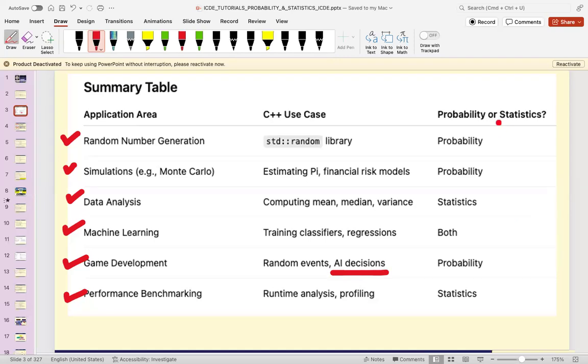The probability or statistics can be applied through the use of the C++ programming to be able to generate results or decisions. And like I said, as we go along, you apply either one of them at a time, like you are seeing here, or you can apply both, especially in machine learning.